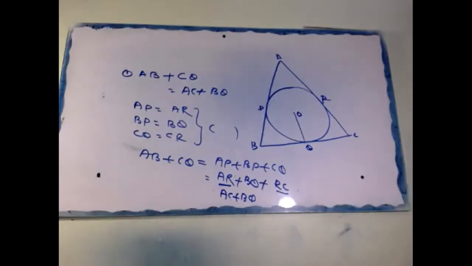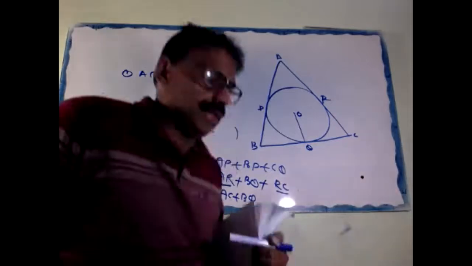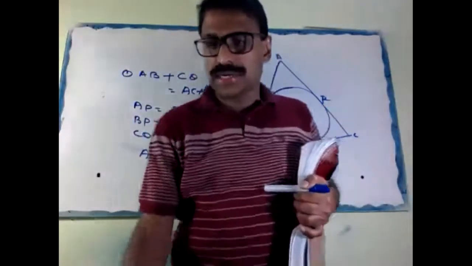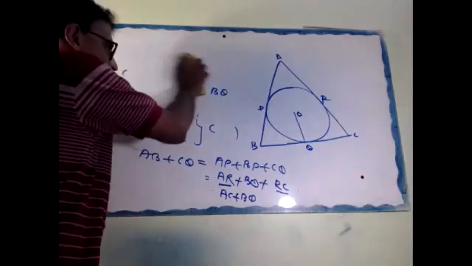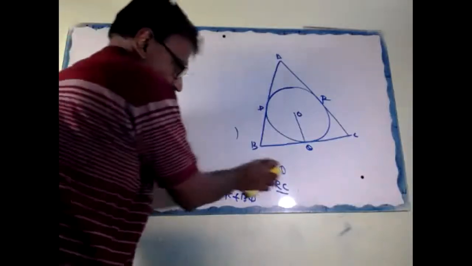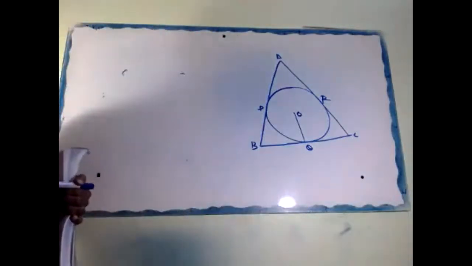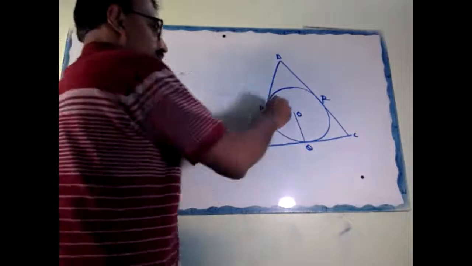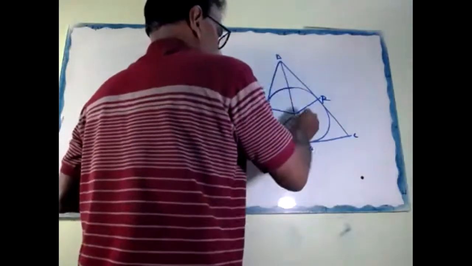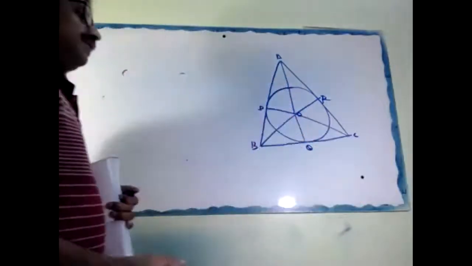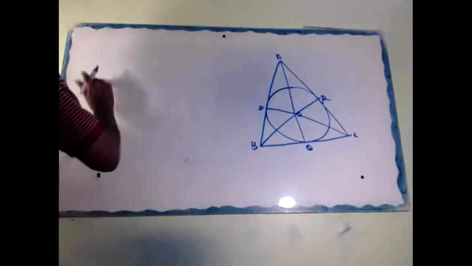Second part, how will we get it? Look, second part, a small construction. We join this one. Area, don't write now.